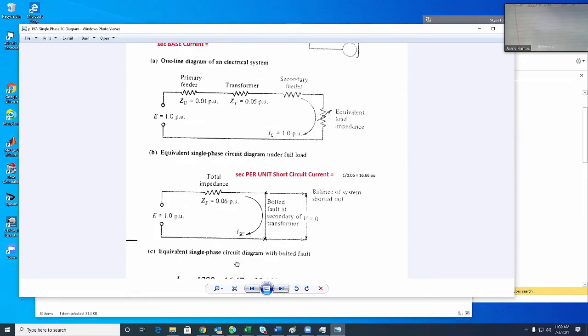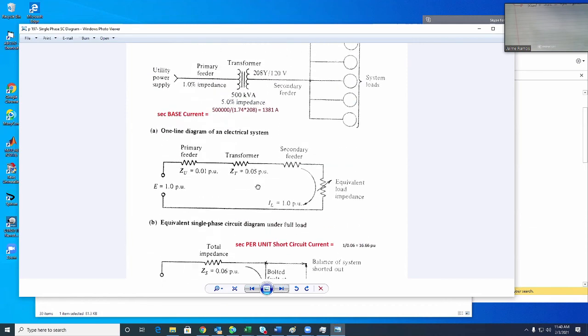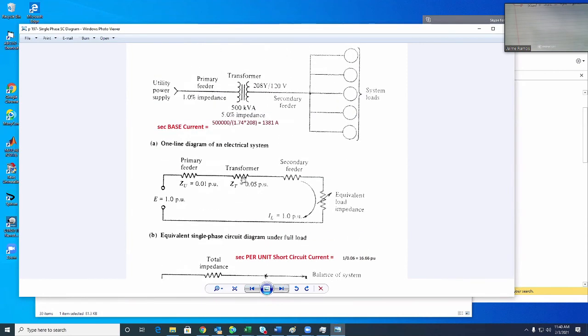So this is the first calculation of a short circuit current that we have done for this single line diagram, and it's based on the representation of the transformer with the impedance.